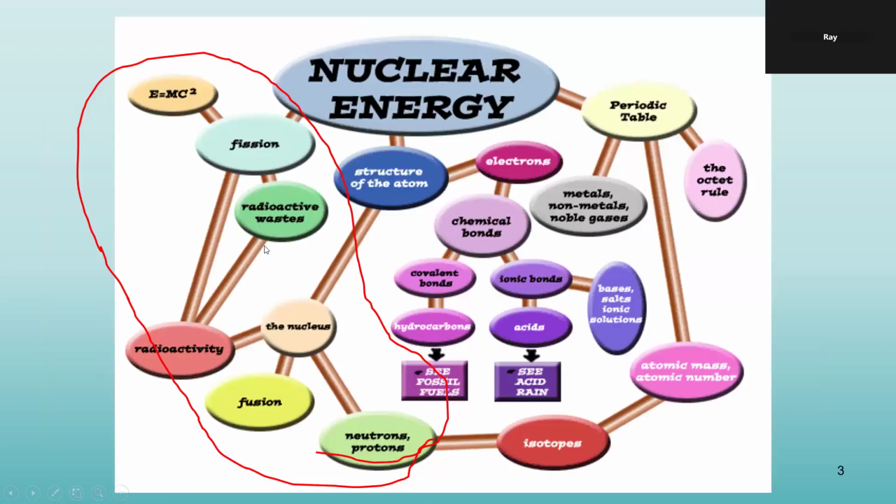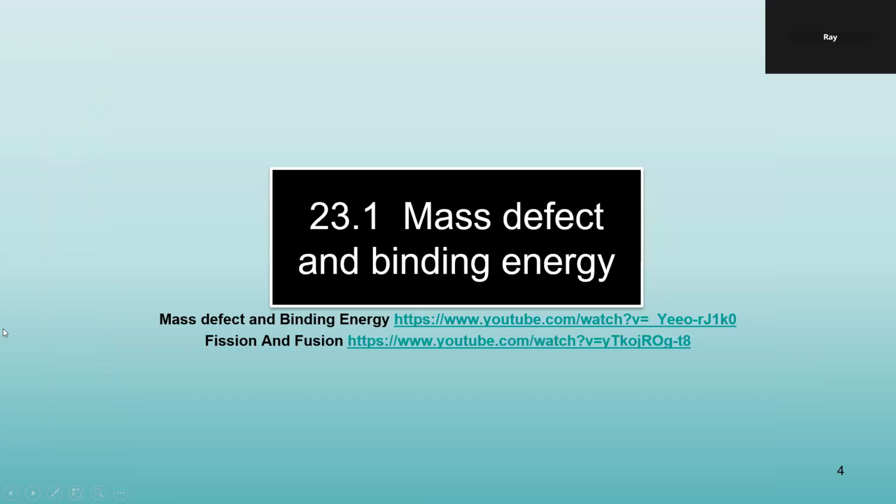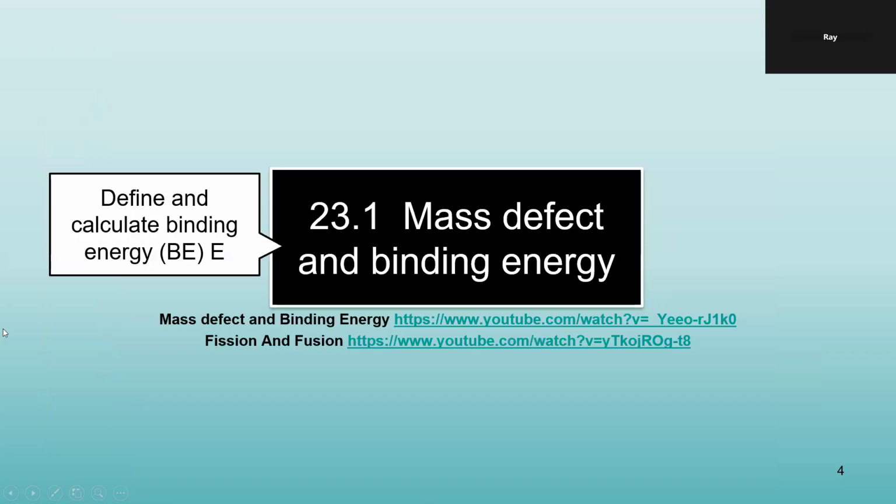If you look at the mind map, we are just studying this part, that's all. These are chemistry, periodic table, you're not interested in that. Right, mass defect and binding energy. We'll define the mass defect and binding energy.